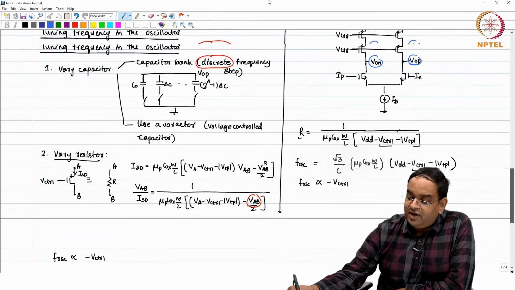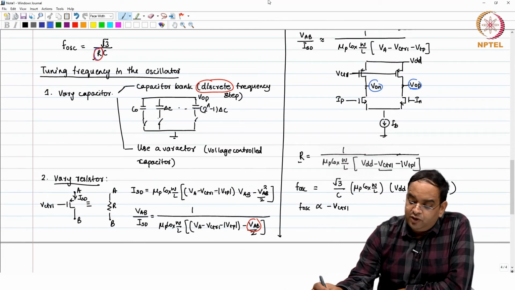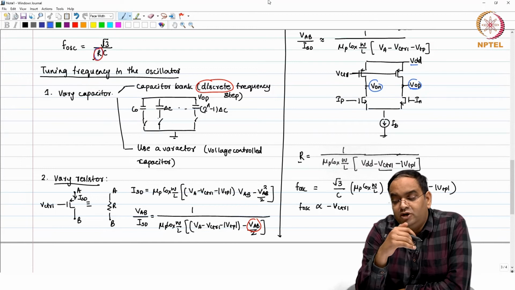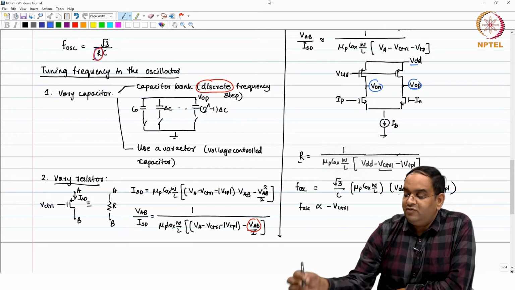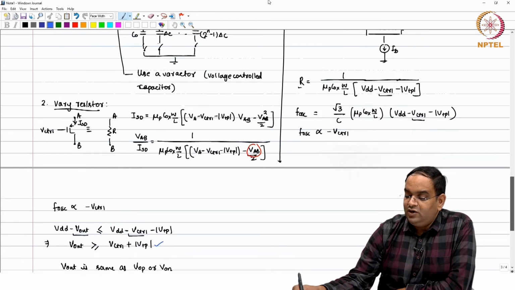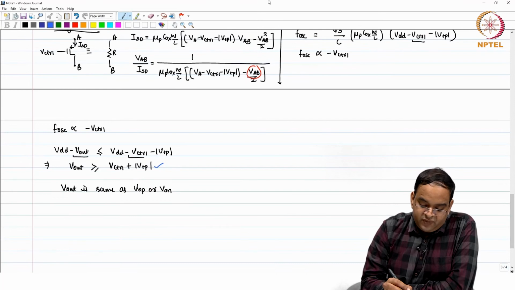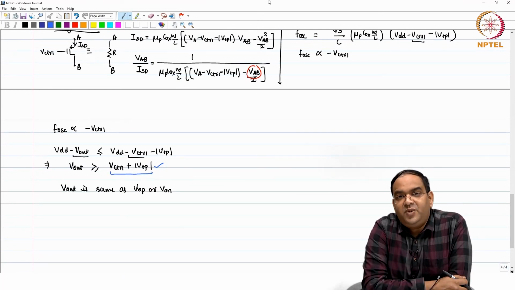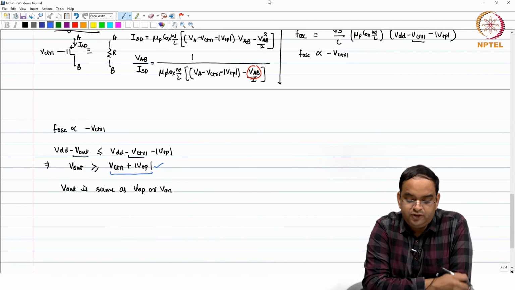And what happens when we have a swing? One of the nodes goes to VDD and the other node swings down, which means whatever the lower limit on your VOP and VON is, that is going to limit your output swing. So, this particular voltage appears to be our limit for the output swing.